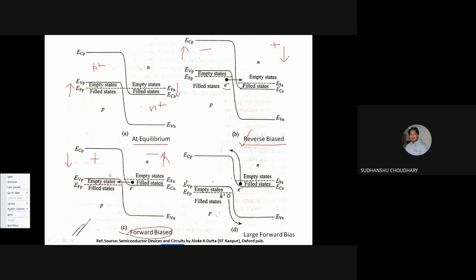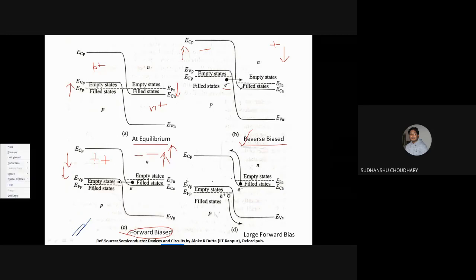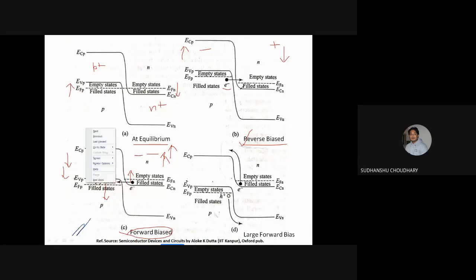Now, when the level of this forward bias is increased, these states are further pushed down, and these energy bands are further pulled up. So empty states further go down and filled states further go up, right? So now we have a smaller number of filled states in front of a smaller number of empty states, because of this movement of the energy bands down here and up here.